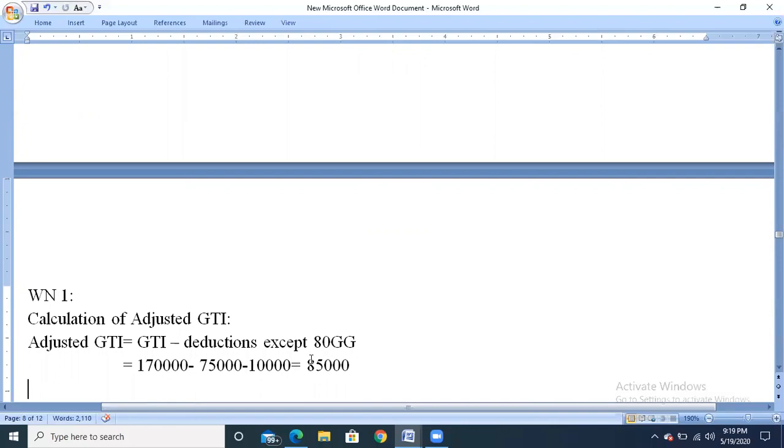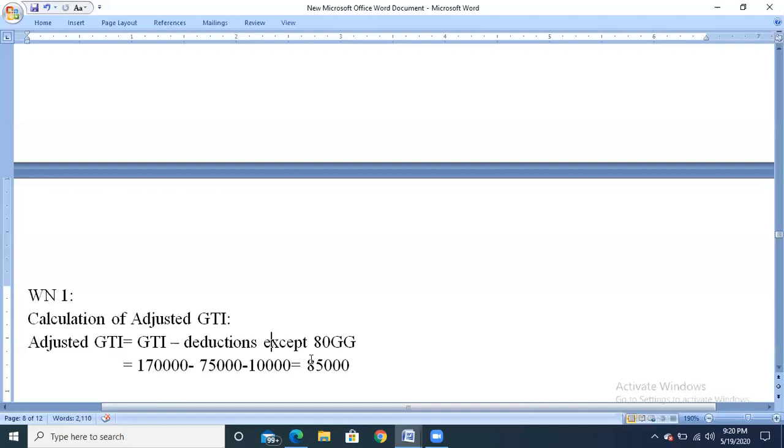So adjusted gross total income is nothing but gross total income minus deductions except the section for which we are calculating, 80G or 80GG. We need to check for which section we are calculating, exclude that section from the deductions, and add any casual incomes.